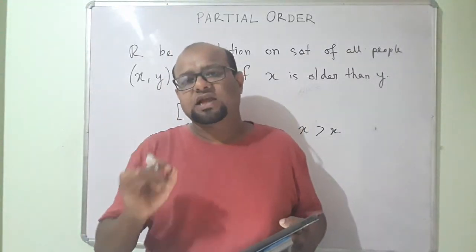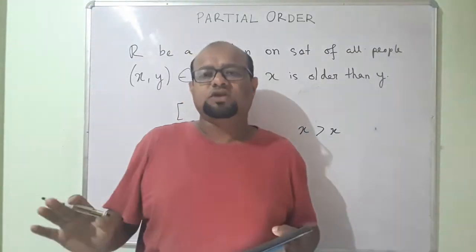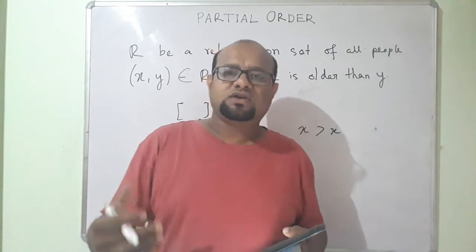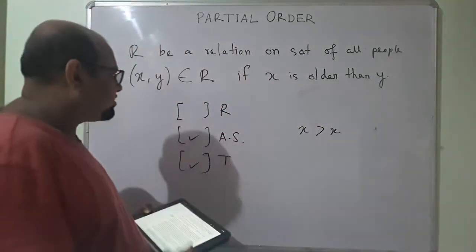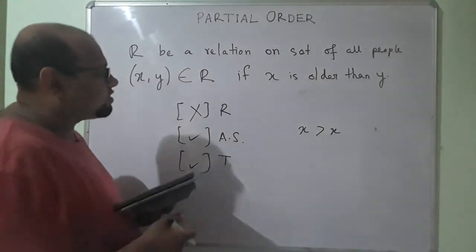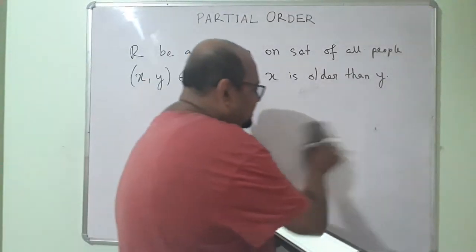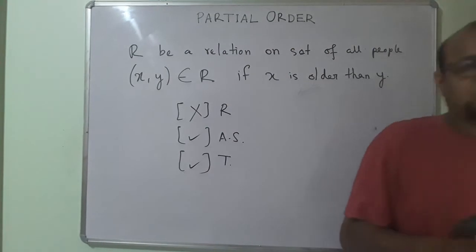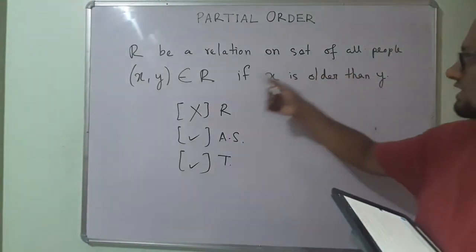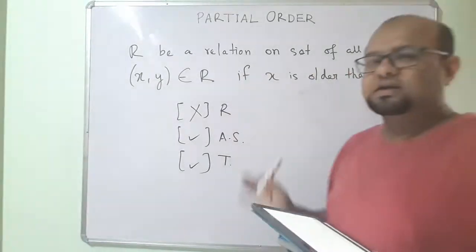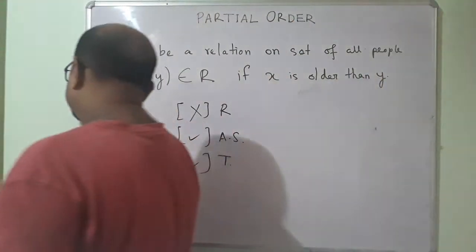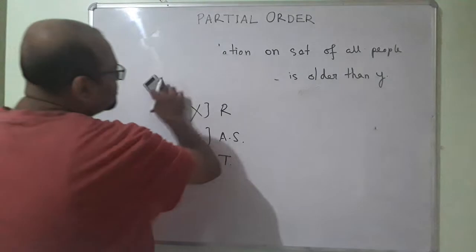All these (x, x), (y, y), (z, z) will not belong to the relation. So x cannot be older than himself, y cannot be older than herself. Alright. So this is not reflexive. Because of this, the relation on the set of all people, given by (x, y) such that x is older than y, is not a partial order relation.